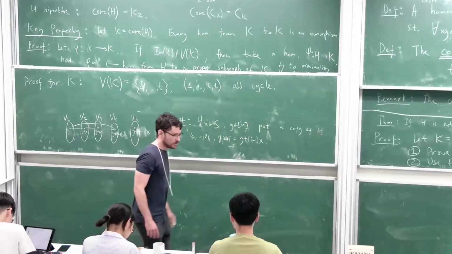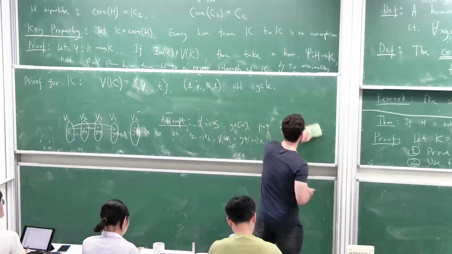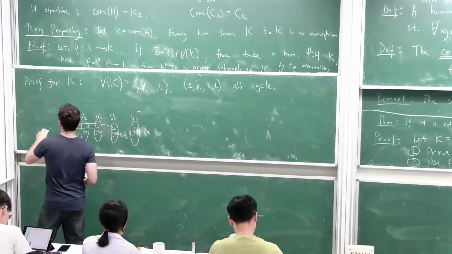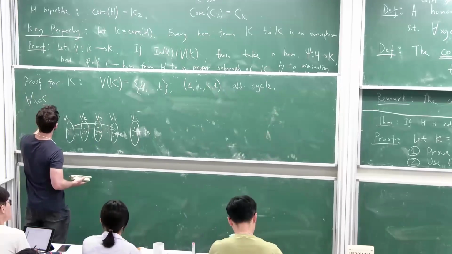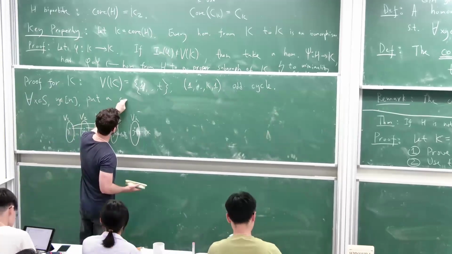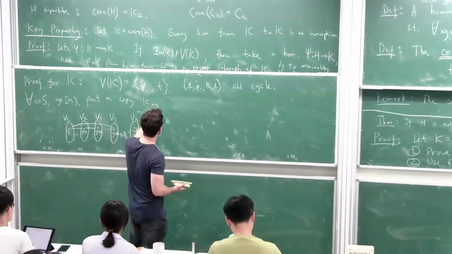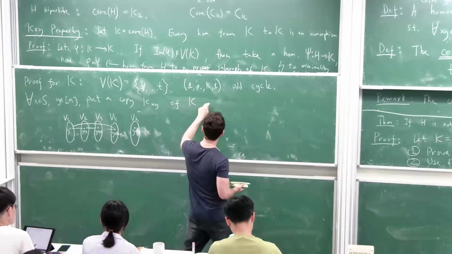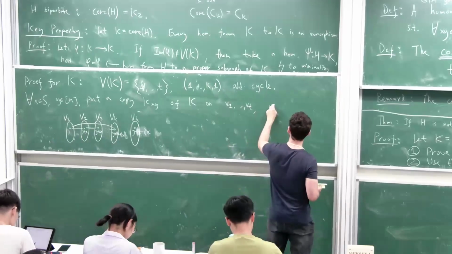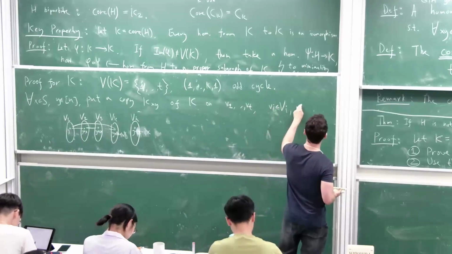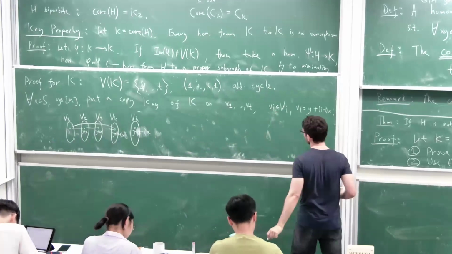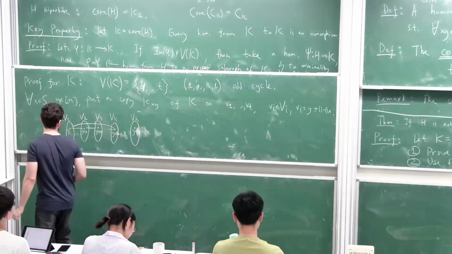Then we just do what's written here. So for every x in N, y in N, we take a copy of K on p_1 up to p_k, where p_i equals y plus i minus 1. So it's exactly the same construction as we had before.